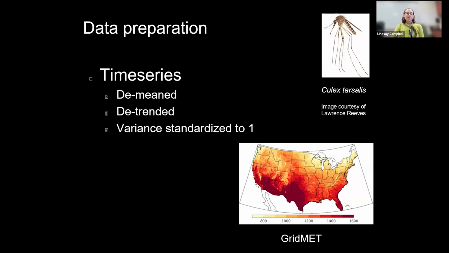When you're working with time series data, we needed to first demean the time series, then also detrend it, and then transform the variance so that it was standardized to 1. That was done across the Culex tarsalis time series, as well as each of the 4 or 5 environmental variable time series.